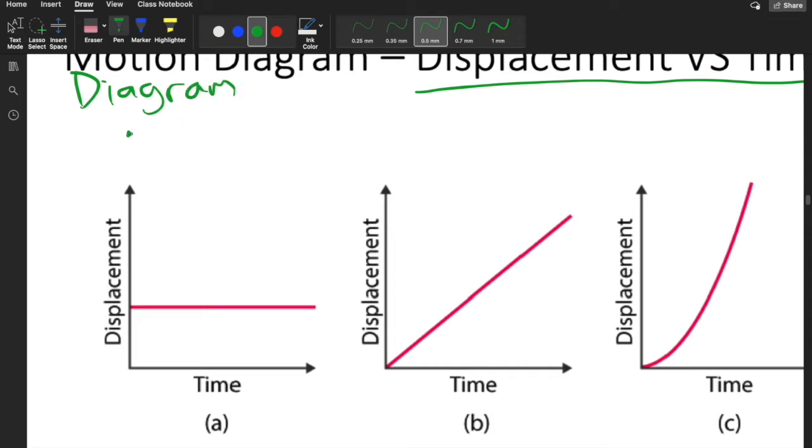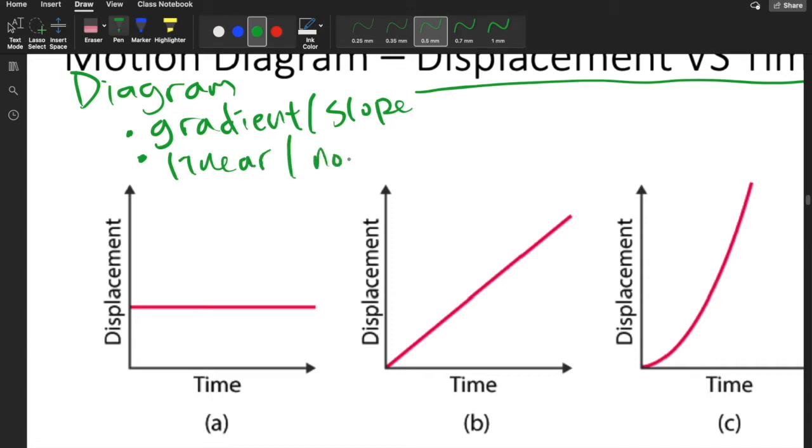A diagram has a gradient, and a gradient means slope. Also we can say it's linear or non-linear, so it has different relationships. And for slope, we know there can be both positive and negative slope.